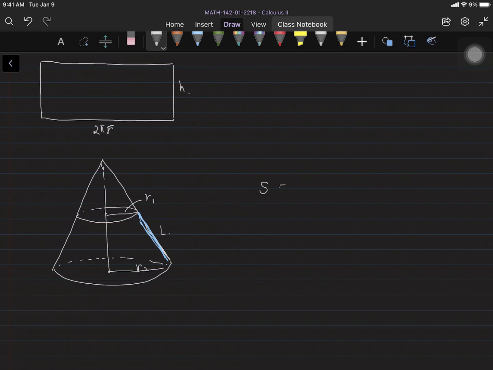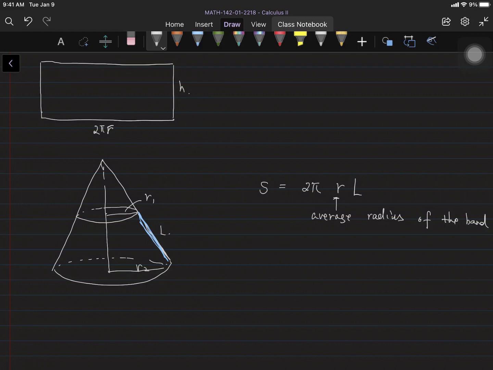Similar to the cylinder, it's also like 2 pi r h, but for this one, it's going to be 2 pi r L, similar to the cylinder. And what's the r here? In this case, this is the average radius of the band.